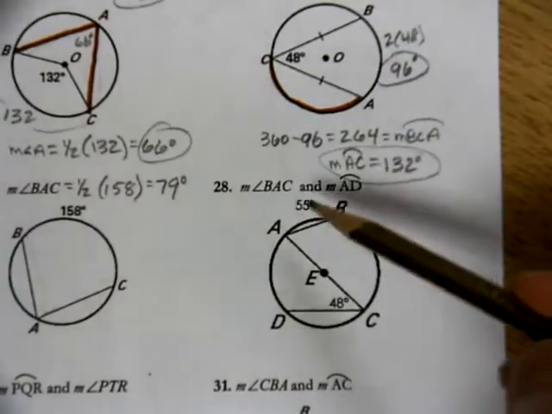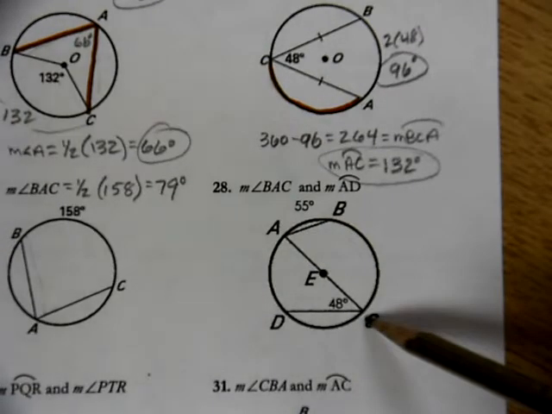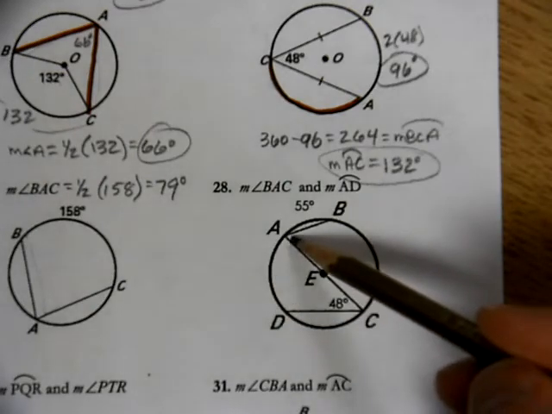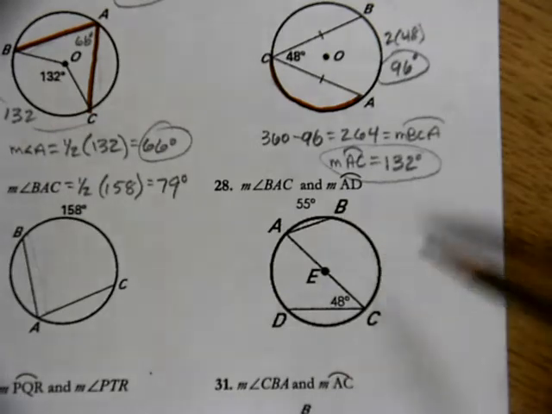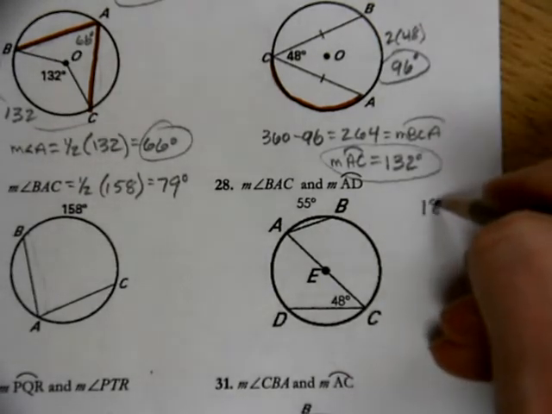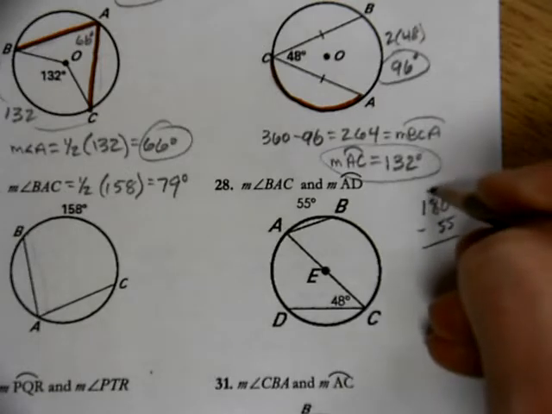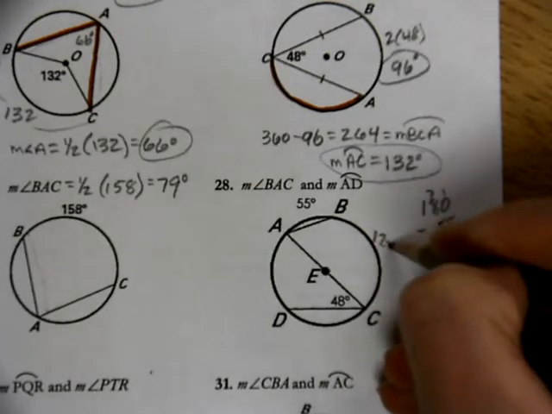We're looking for angle BAC and arc AD. Well, we look here, we have a diameter. So this is 180. So 180 minus 55. That makes us 125.